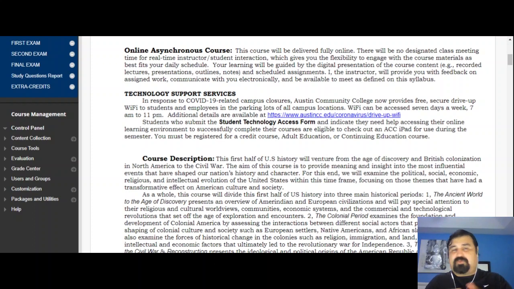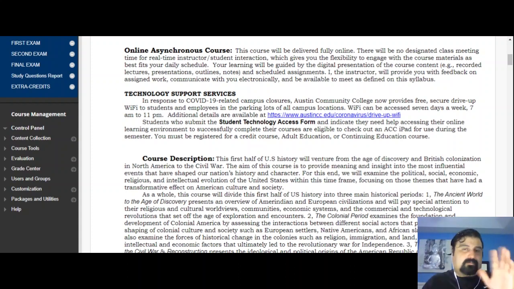So this is a very flexible format in which the instructor is going to be posting the lectures on Blackboard, and you're supposed to, week by week, be watching those lectures on your own schedule, at your own convenience, and take notes.